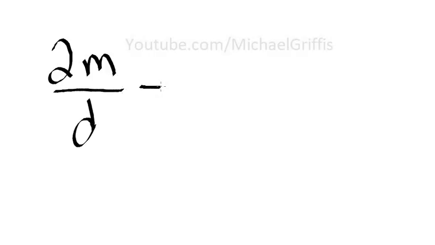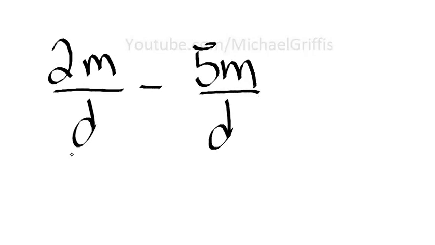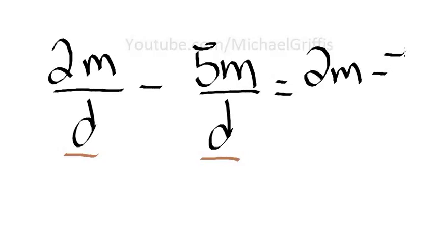What about this one? 2m over d minus 5m over d. Well, as you can see, both our denominators are the same. So we subtract the numerators.